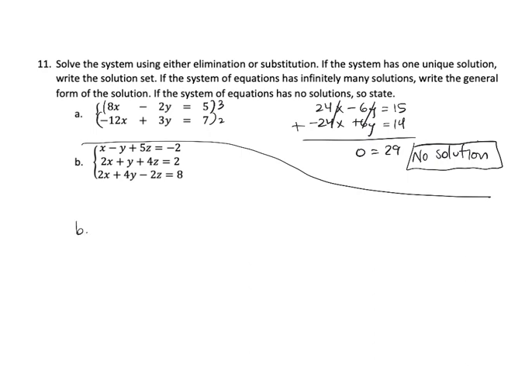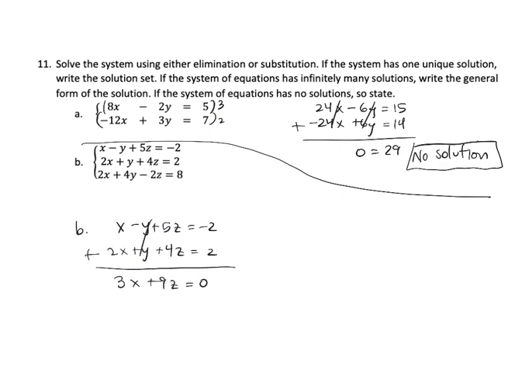For part B, I'm going to eliminate y from the top two equations. And then I'm going to take the top equation and multiply by 4.